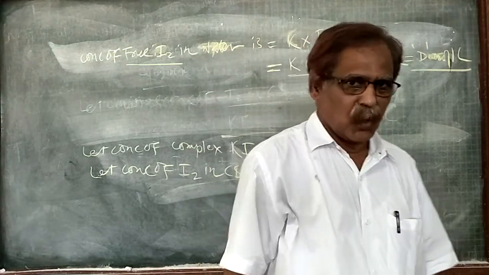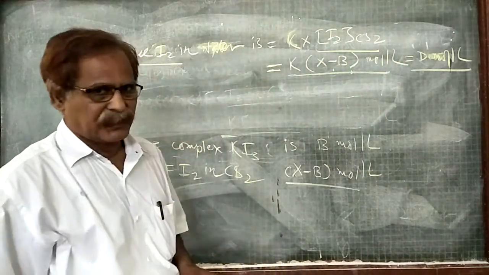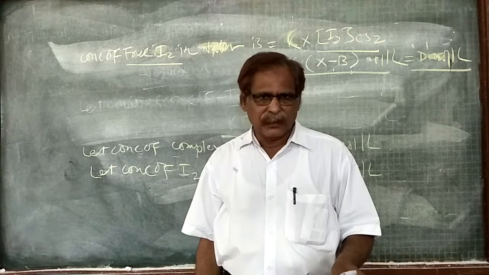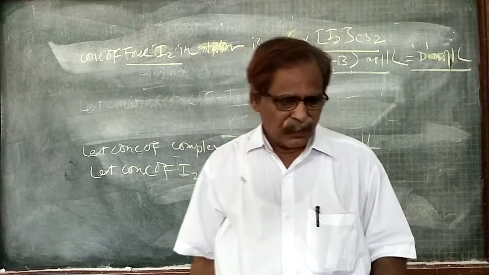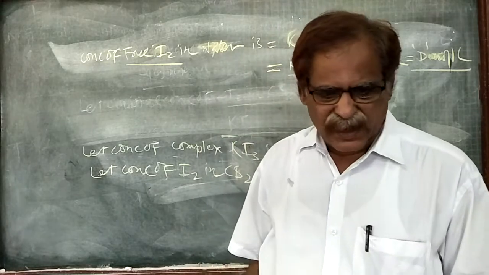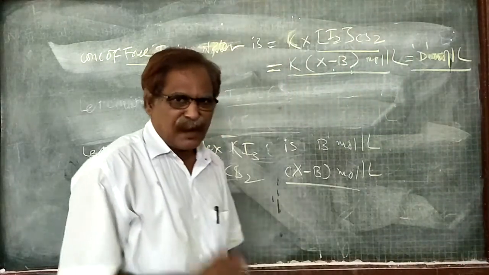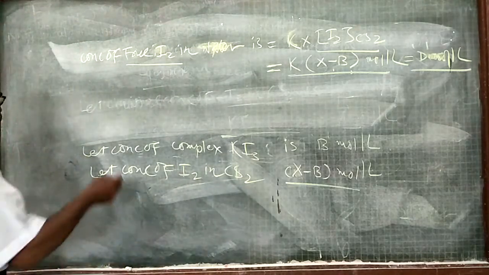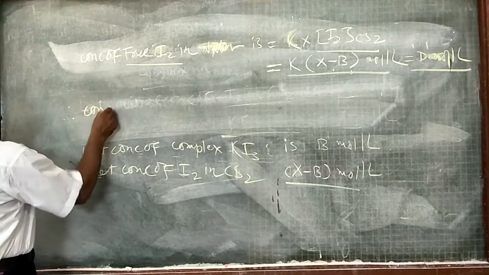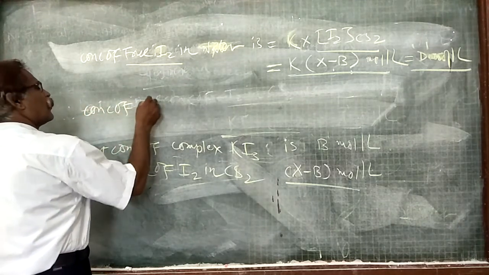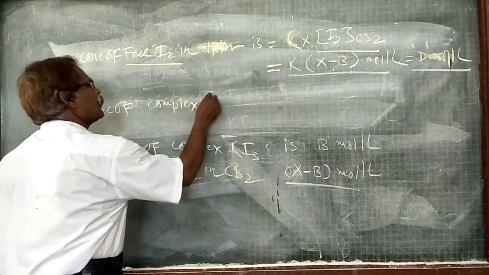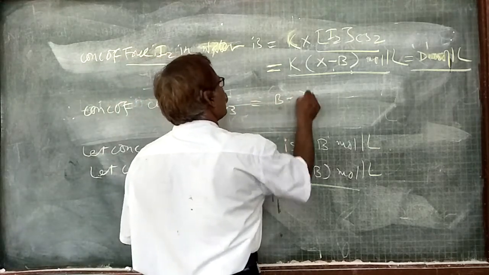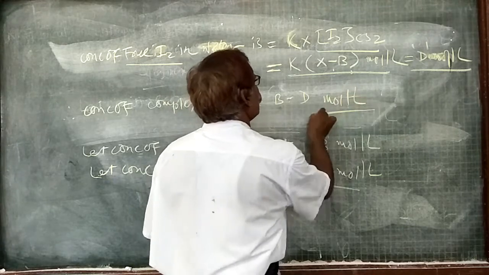B minus D moles per liter, because we know B minus D moles of iodine combines with B minus D moles of iodide ions and gives B minus D moles of potassium triiodide in aqueous medium, and therefore the concentration of the complex KI3 here is equal to B minus D moles per liter.